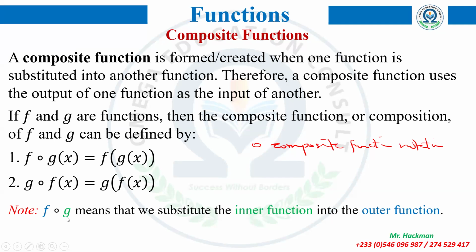In green. And your outer function is this, f. So for every composite function, you have an inner function and an outer function. The outer function is the function to the left of your composite function notation, which is the "of". And the inner function will be the function to the right of your composite function notation.